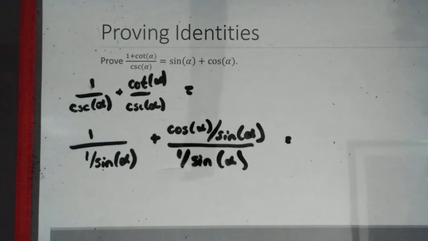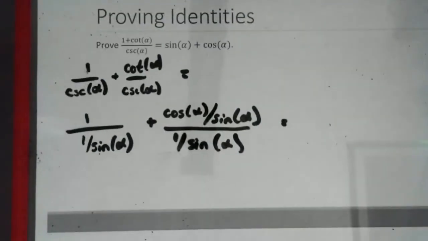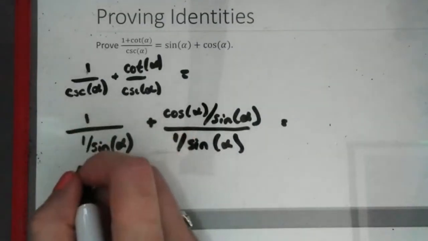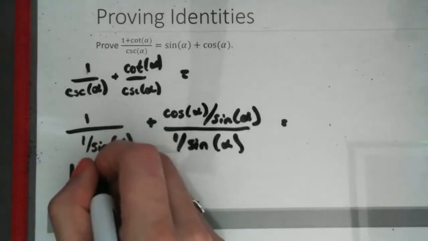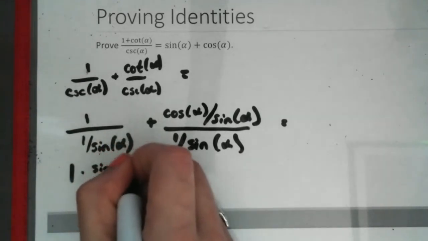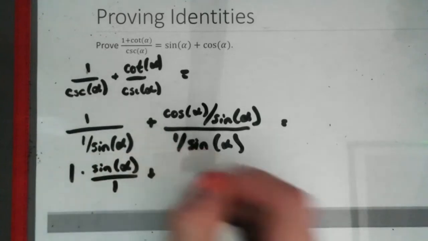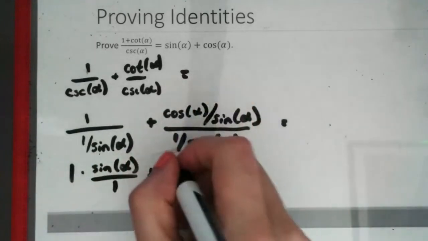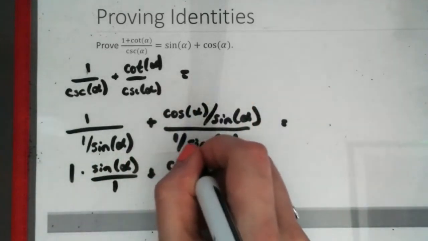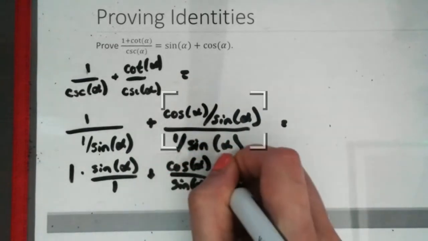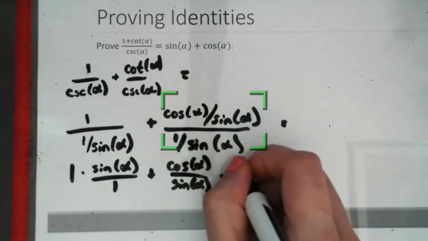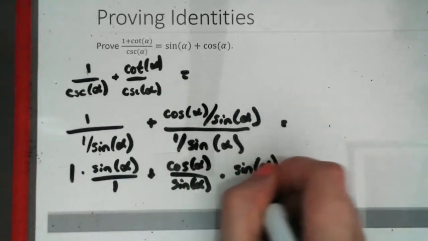I'm going to do some keep, change, flip here because I'm dividing fractions. So in my numerator I have 1, change to multiplication, flip, so we get sine of alpha over 1, plus, I'm going to keep, change, flip this guy, keep cosine of alpha over sine of alpha, change to multiplication and flip, sine of alpha over 1.